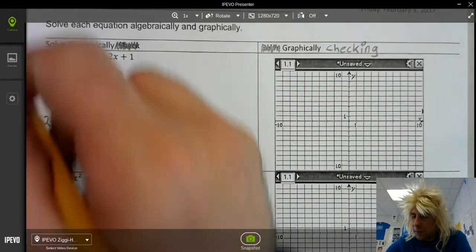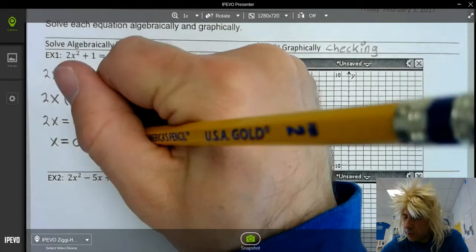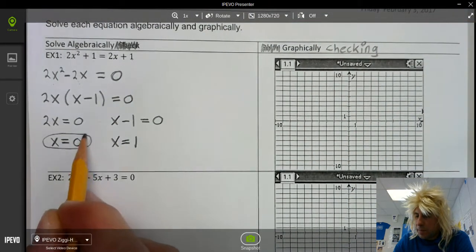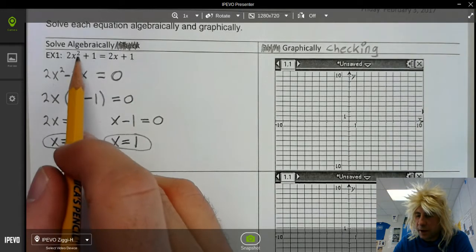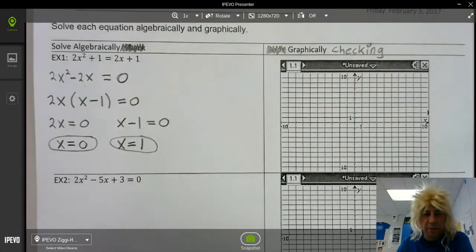So here you divide 2 by both sides, so x equals 0. Here you add 1 to both sides, so x equals 1. Now you'll notice that we solved a quadratic, and a quadratic has the highest exponent power of 2, so that tells us it's going to be 2 solutions, which is what we got.